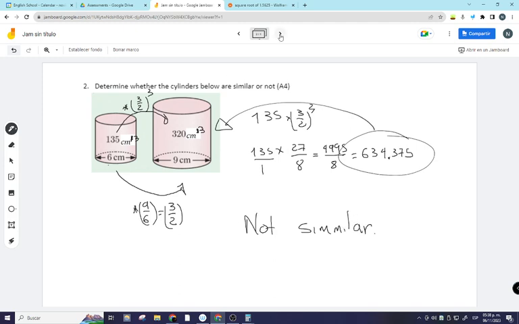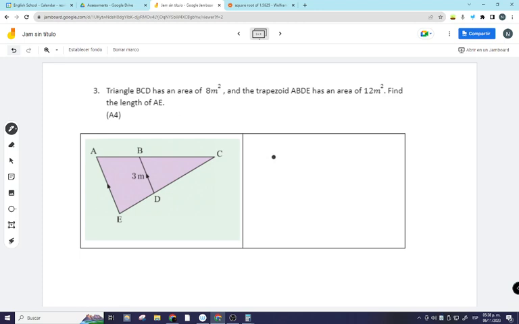Okay. Now, point 3. The triangle BCD, so this triangle that I am pointing here, has an area of 8 meters squared.